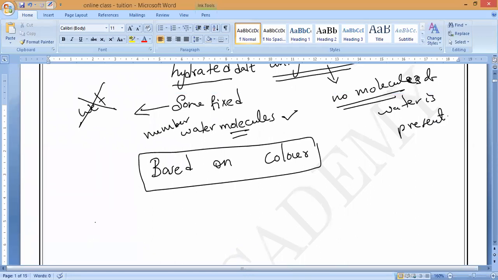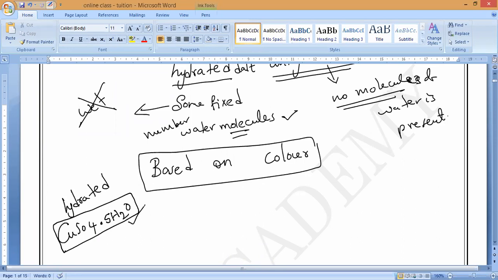No. Remember, suppose I take copper sulfate crystals. Hydrated copper sulfate actually contains 5 water molecules. This is a hydrated salt, but it doesn't mean it is a wet salt.